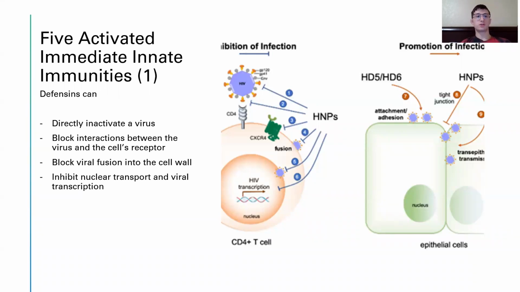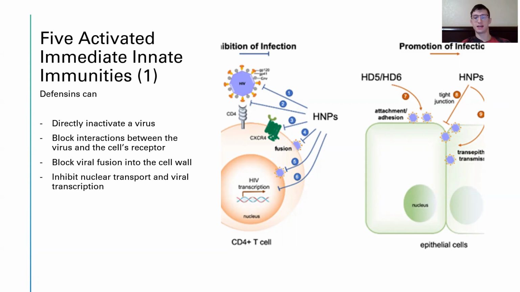All right, so starting with the 5 activated immediate innate immunities, I'm going to start by talking about defensins. Defensins are a type of antimicrobial peptide that protect against pathogenic infections. Specifically, in this case of Ebola virus and other viruses, defensins inhibit viral replication of most viruses.